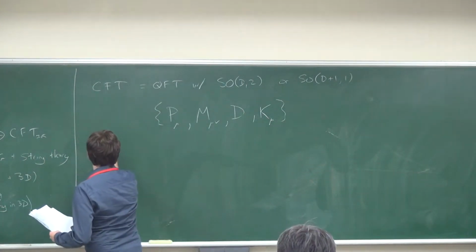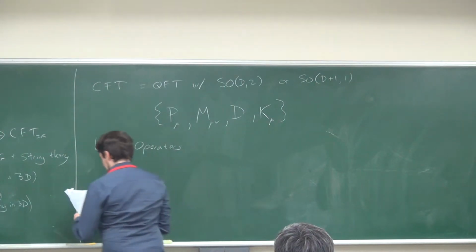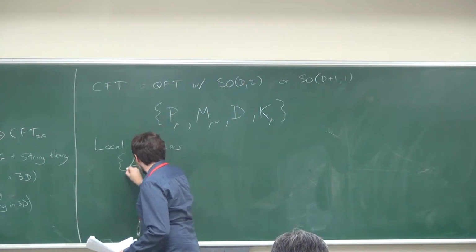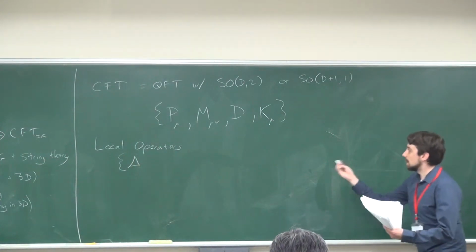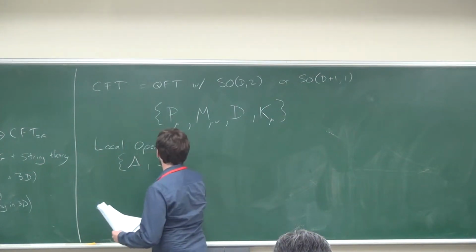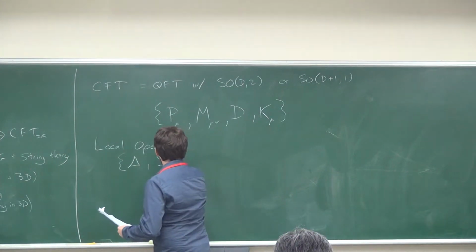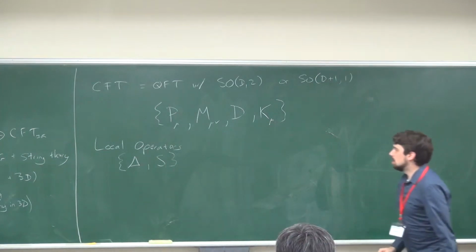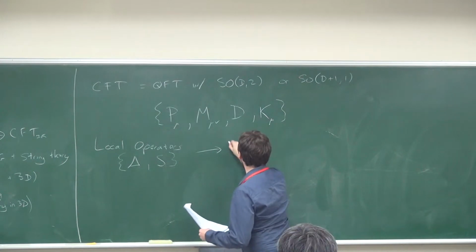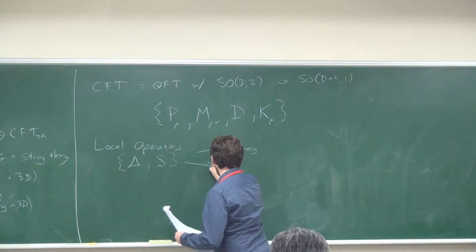In particular, if you start thinking about local operators, well, they can be labeled by their scaling dimension delta, which is the eigenvalue of the action of D, and some set of spin quantum numbers, which are their eigenvalues of the action of M. Further, you can break up the local operators into primary operators and descendants.